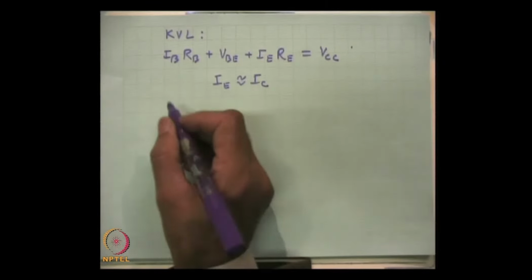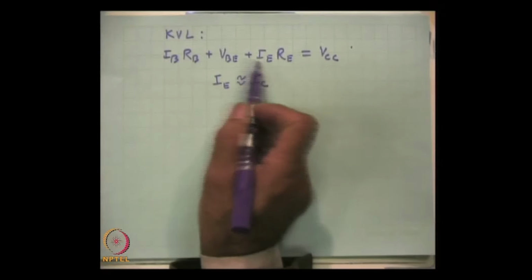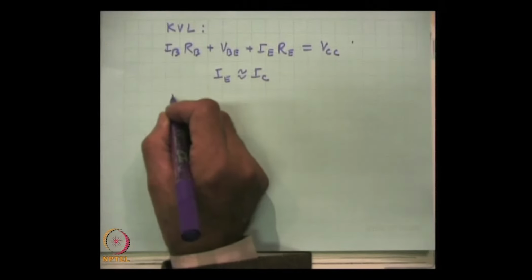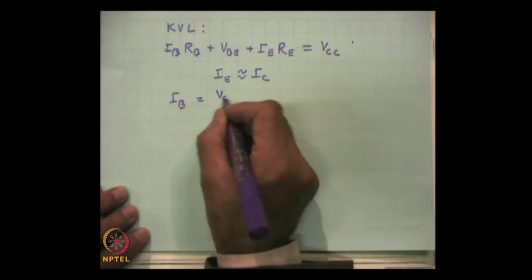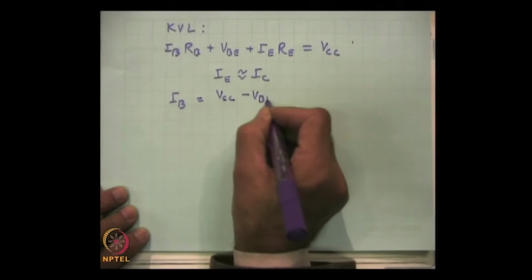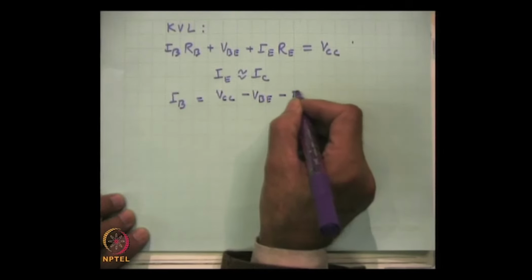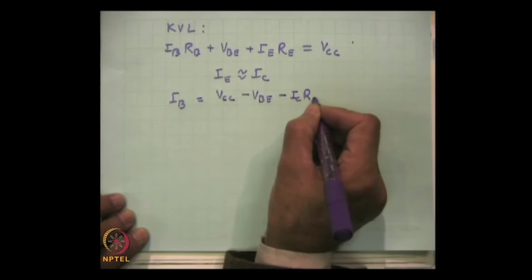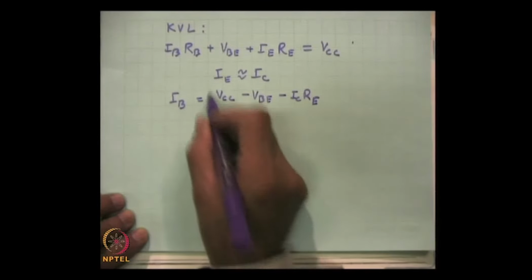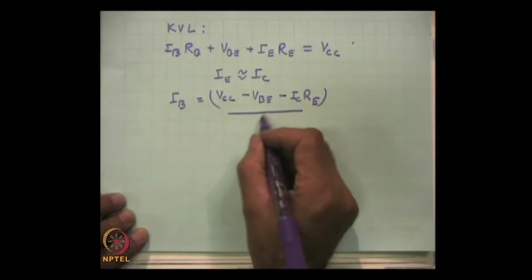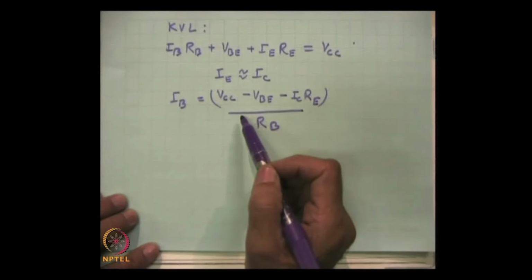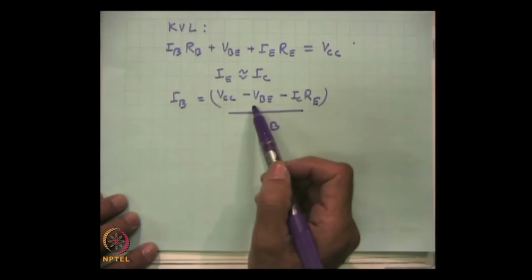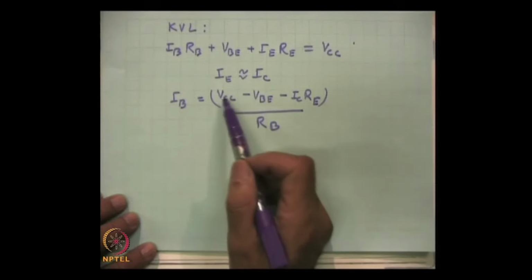So, the expression for IB is IB equal to VCC minus VBE minus IC RC IE RE, divided by RB.